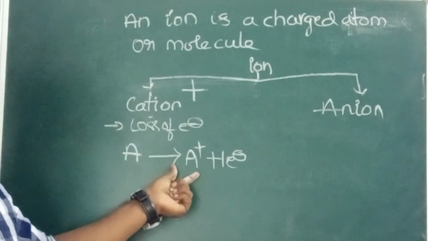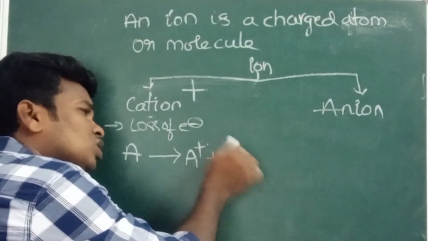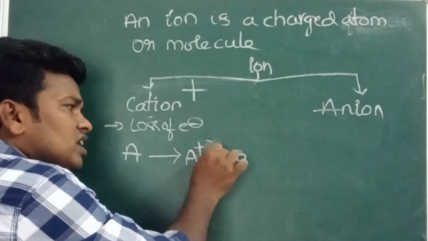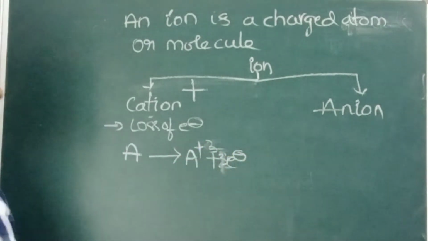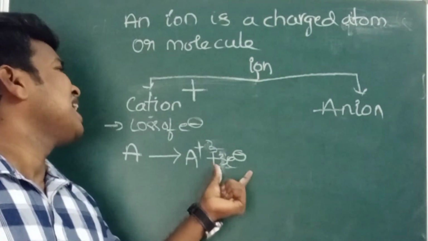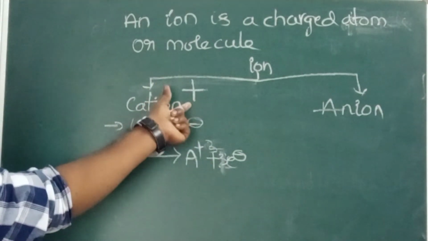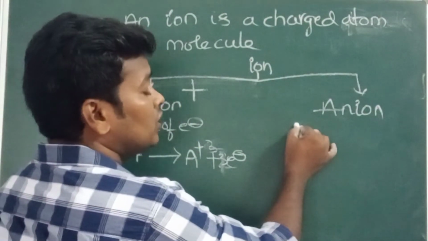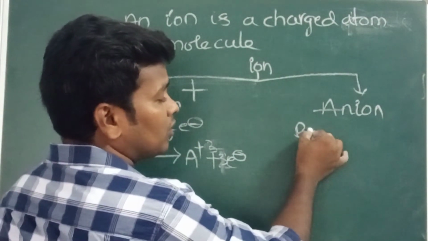It may lose one, two or three electrons. If it is 2, I have to write 2, and if it is 3, you have to write 3 electrons. Understand? One atom is losing electrons, and we get a cation by the loss of electrons. But in the case of an anion, for example, B is a neutral atom.